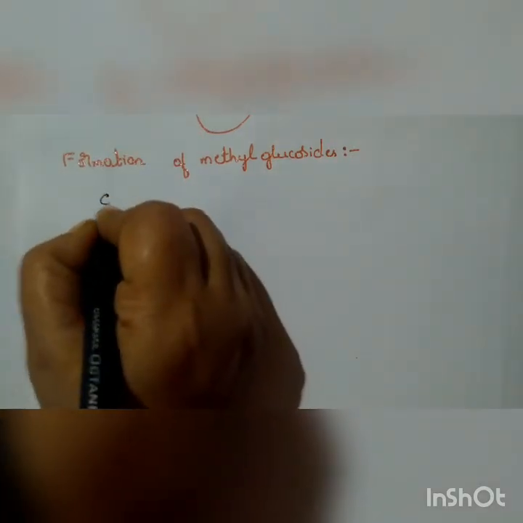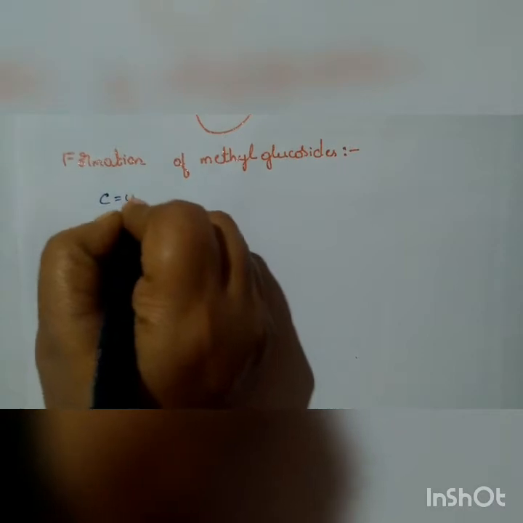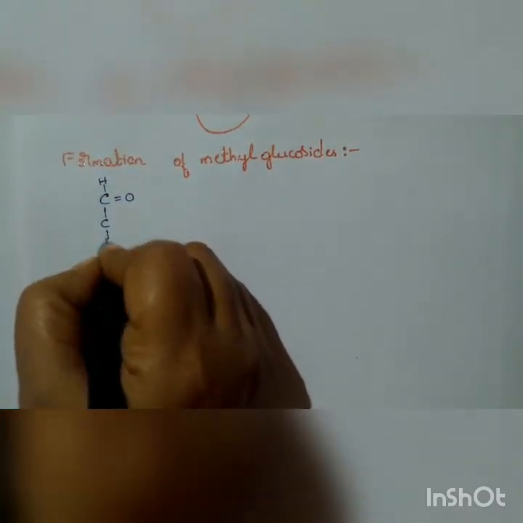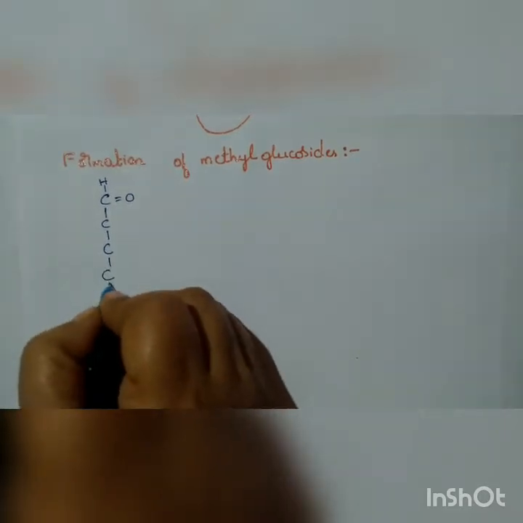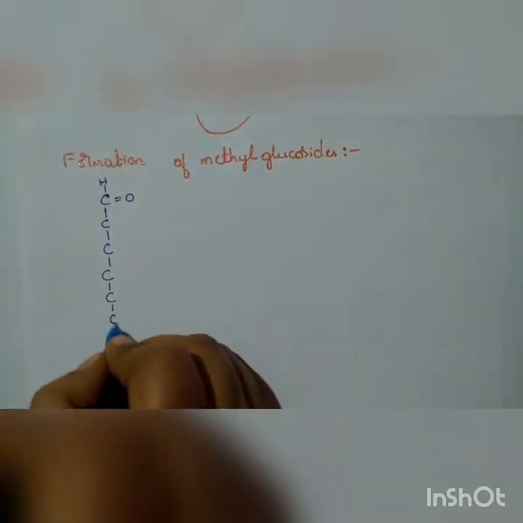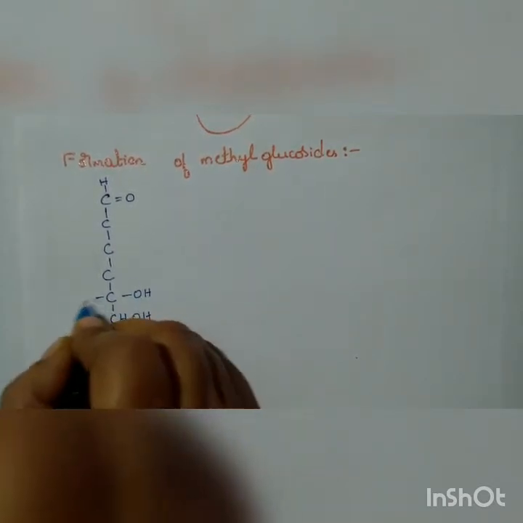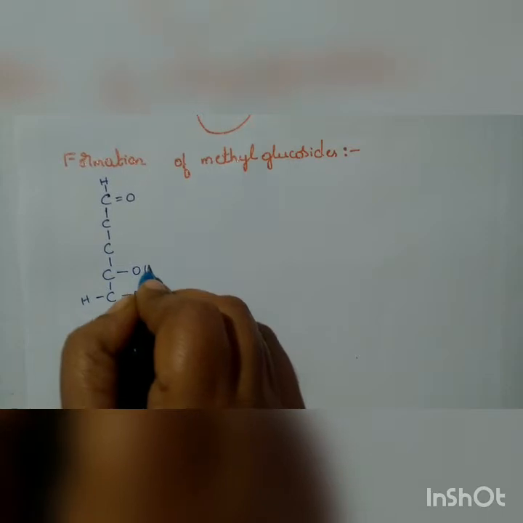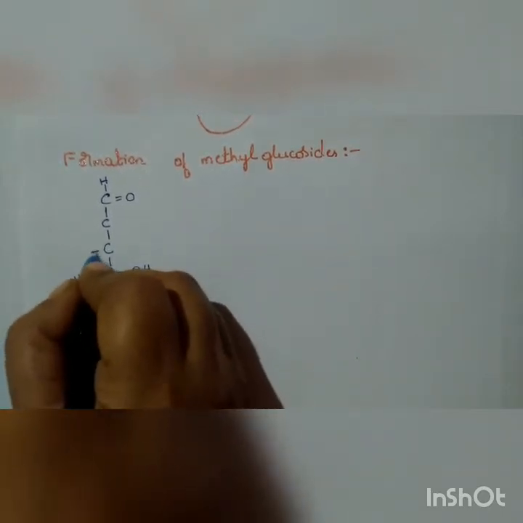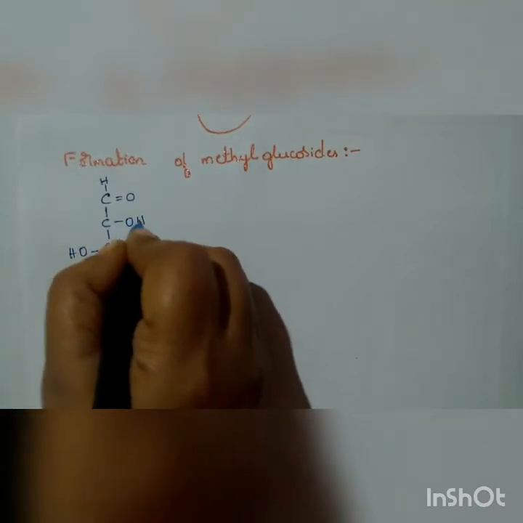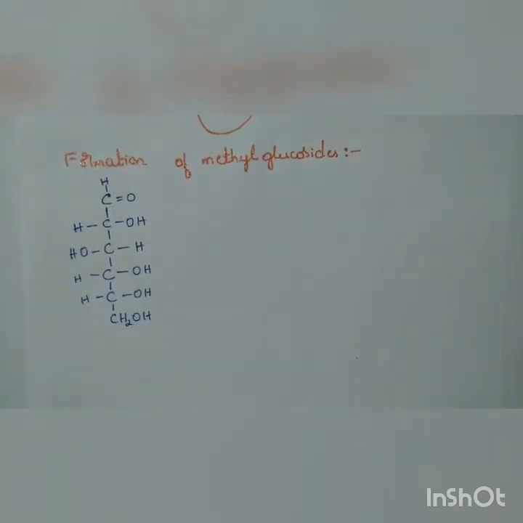So we have glucose. This is our glucose, the open chain structure of glucose I have written.